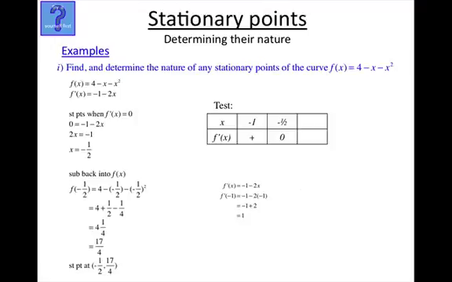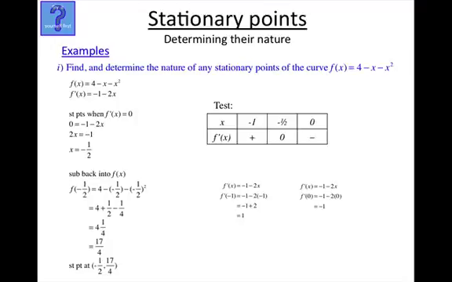Remember, it doesn't matter what the number is, we just want to know what is the gradient doing. Is it increasing or is it decreasing? So we know it's a positive number. Let's try a little above negative a half. A good number to use there is 0. Sub in 0 into our f dash x, we get negative 1, which is a negative.